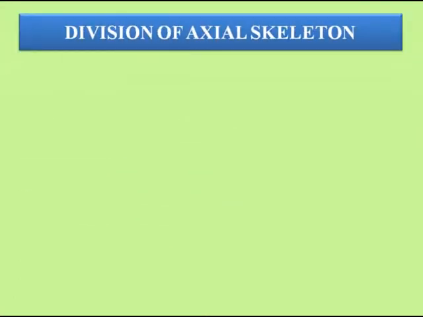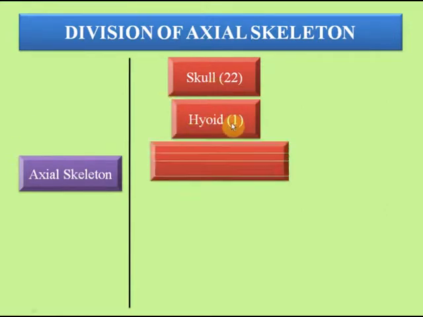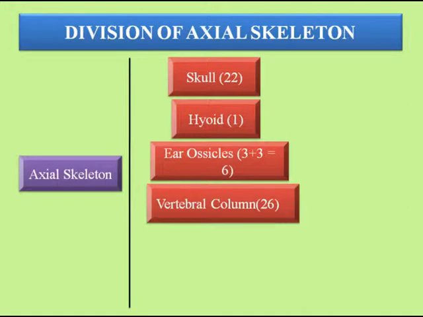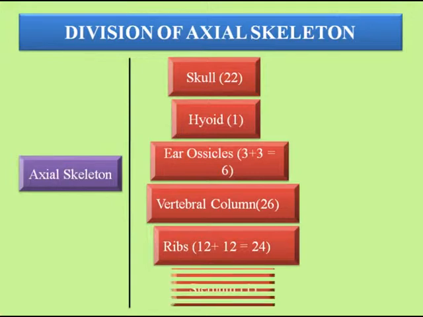Now, division of the axial skeleton. The axial skeleton consists of 6 parts, and these are the skull, which contains 22 bones; the hyoid, which contains only 1 bone; ear ossicles, which contain 6 bones; the vertebral column, which contains 26 bones; ribs, which contain 24 bones, 12 plus 12, meaning ribs are in pairs, 12 on one side and 12 on the other side; and the sternum, which contains only 1 bone.